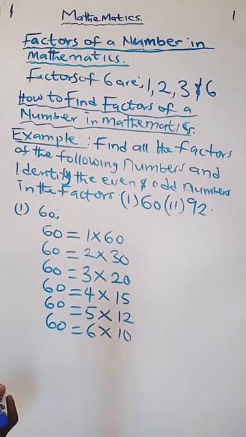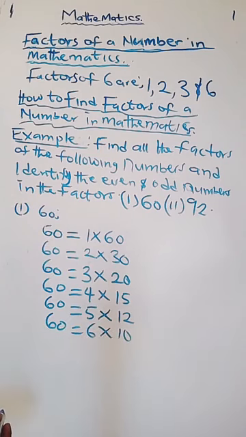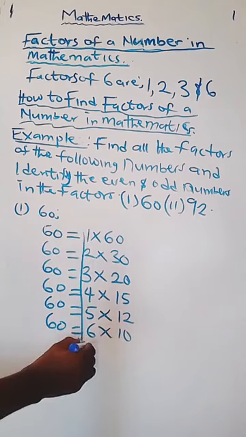7 cannot divide 60. 8 cannot divide 60. 9 cannot divide 60. 10 can divide it, we already have it. 12 can divide, we already have it. 15 can divide, we already have it. So this is how you stop. Now, how do you write it? You write it like this.